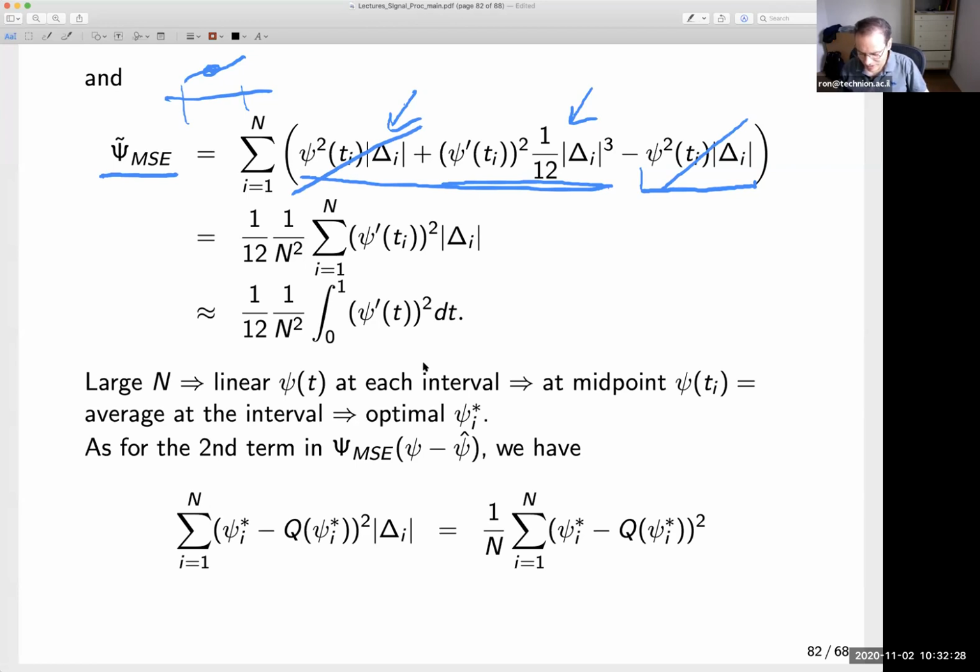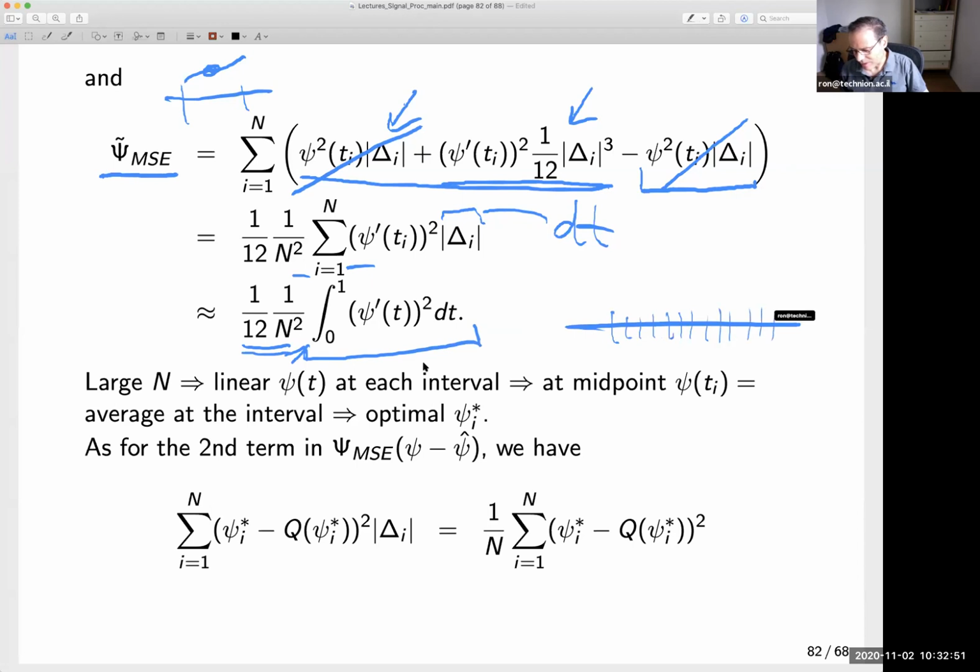So this is indeed, and again, I can define this guy to be dt and move from summation into an integral, and this is indeed the Dirichlet energy of my signal, integrating over the energy of the derivative. And I have to multiply it by this constant, the number of quantization intervals that I split my x-axis into, squared, and then 1/12.